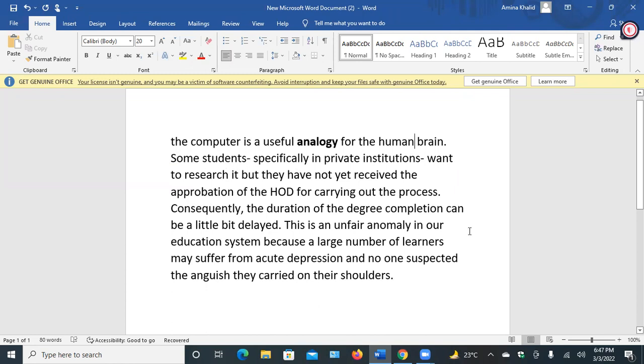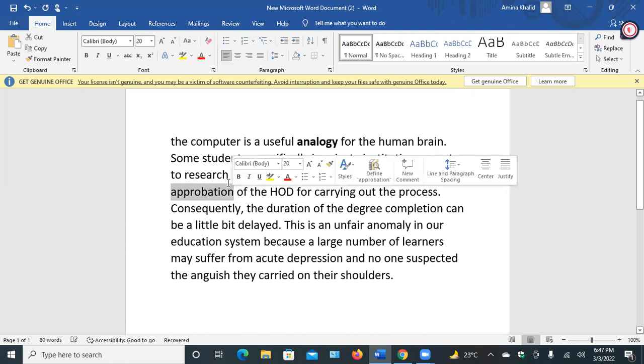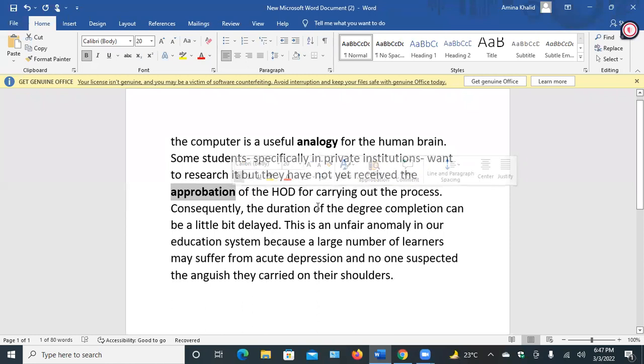Some students want to research it, but they have not yet received the approbation, the approval, consent, acceptance, endorsement of the head of department for carrying out the process.